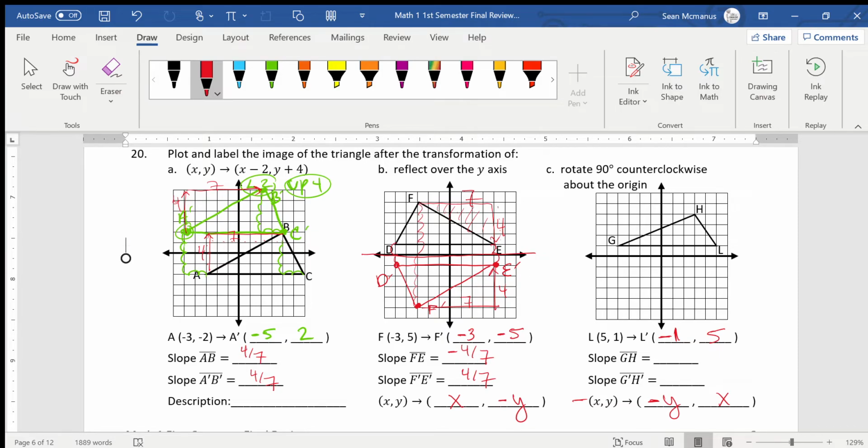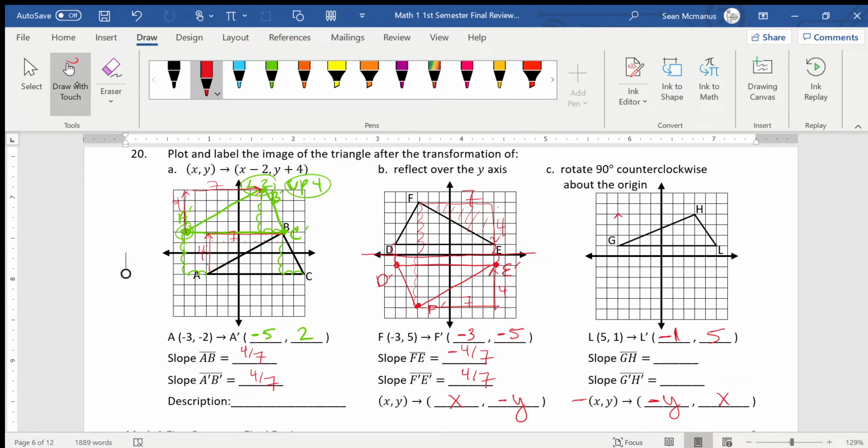So if I rotate it 90 degrees, this is the part where, oh, actually it might work here. So the slope of GH, see if I can do this a little bit creatively with the computer.